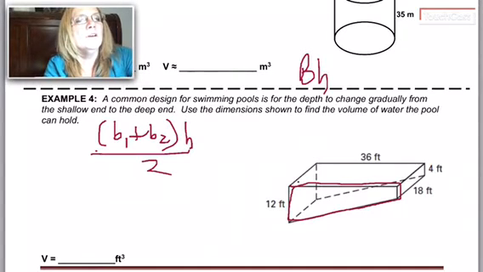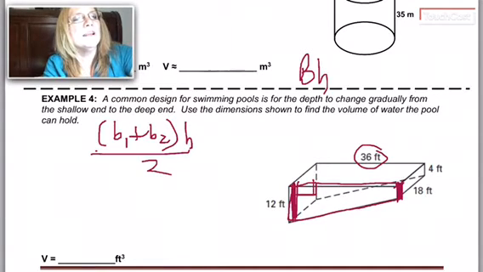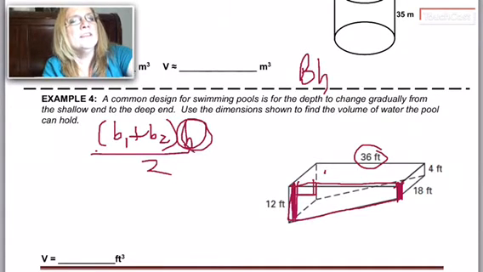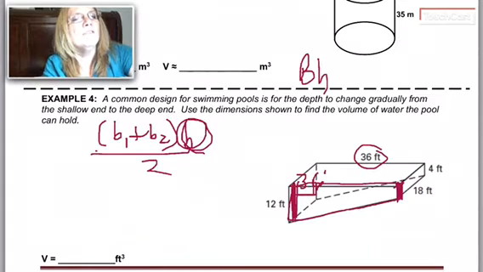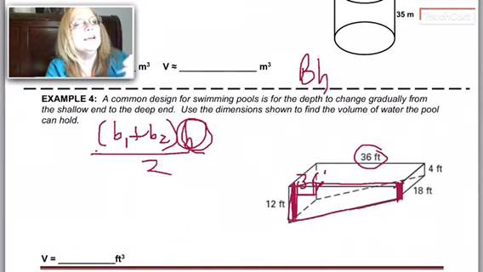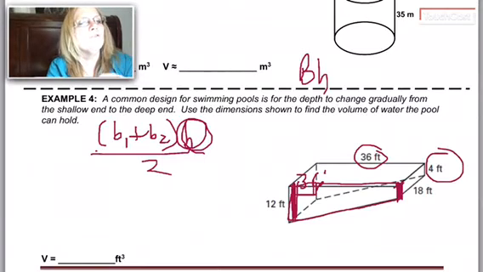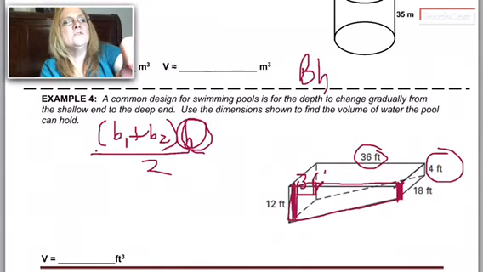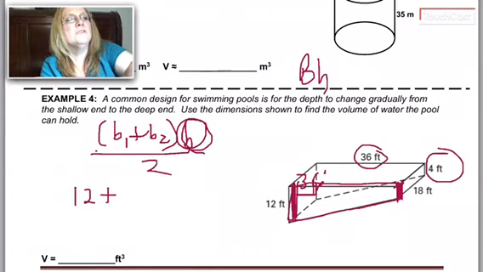So if we look here, here is one of my bases. Here's my other base. The height has to be at a right angle. So that is this 36 right here. Okay, so that is this height right here. This is the height of the actual trapezoid. So the height that's going to be of the prism itself is the one that we haven't used, which is 4. So base 1 is 12, plus base 2 is 18.